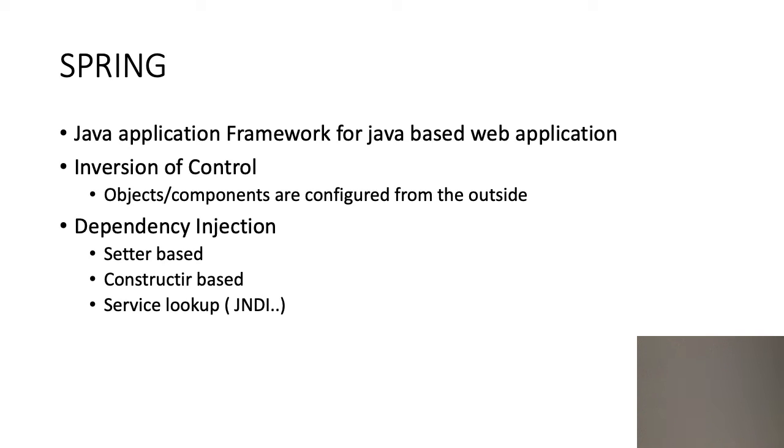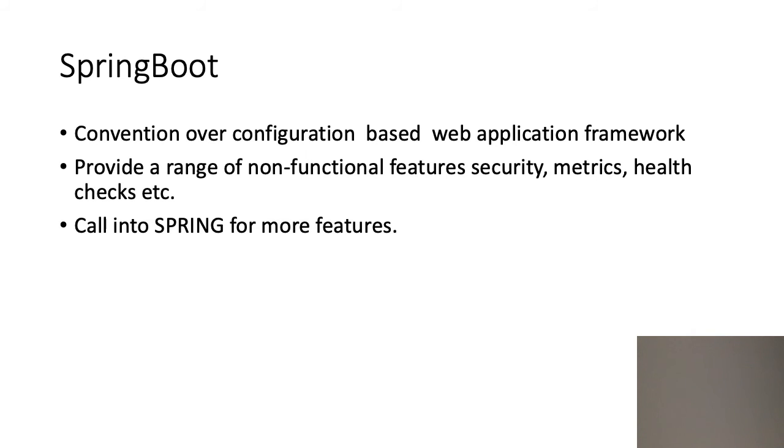This gives great flexibility for application developers to extend their application features at runtime. Dependency injection is a more involved subject. Briefly, it is when an object that can be created from the outside is injected into the application via many ways, which are setters, constructor or service lookup, the details of which are beyond the scope of this presentation.